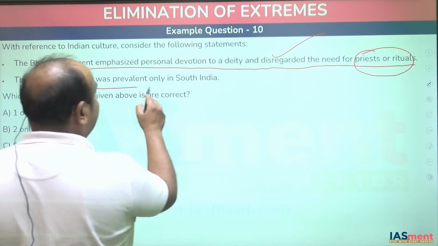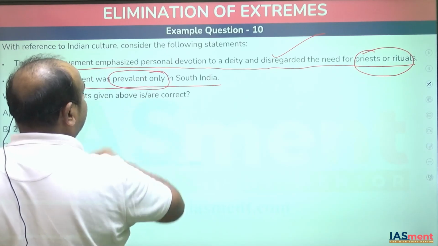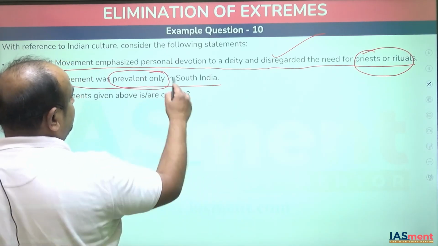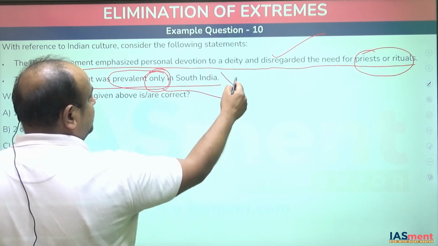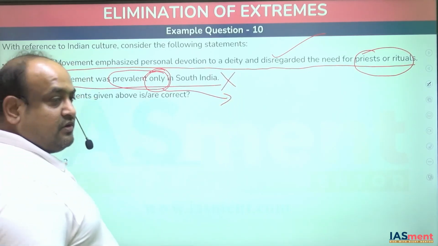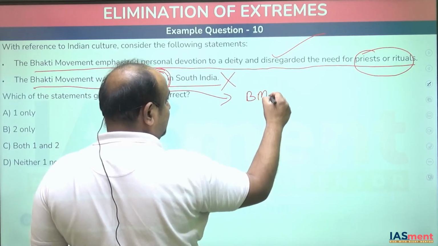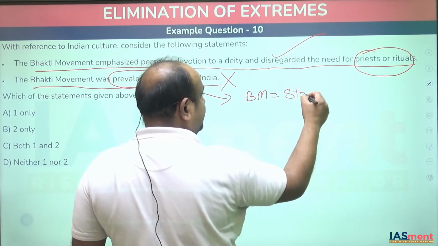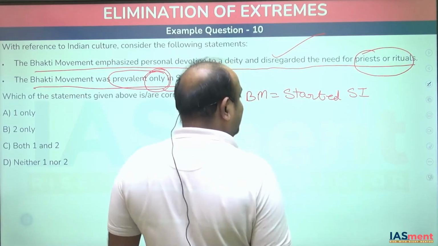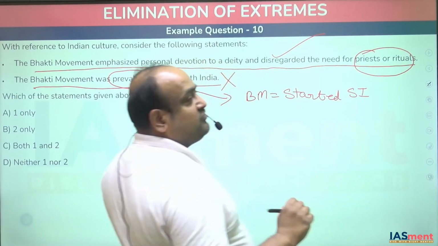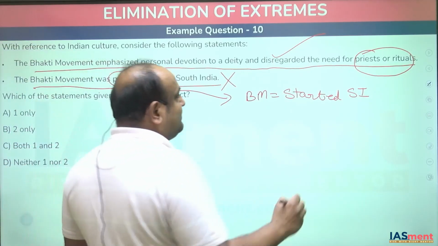Then Bhakti movement was prevalent only in South India. Prevalent only. Why? Because yes, Bhakti movement was started in South India. You all know. But it was not completely prevalent in South India.